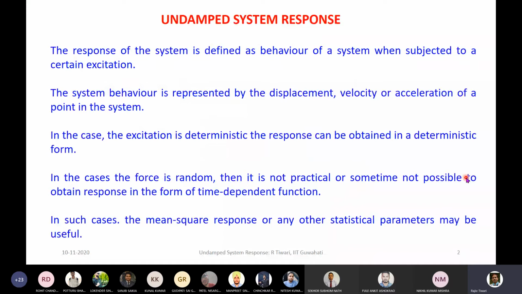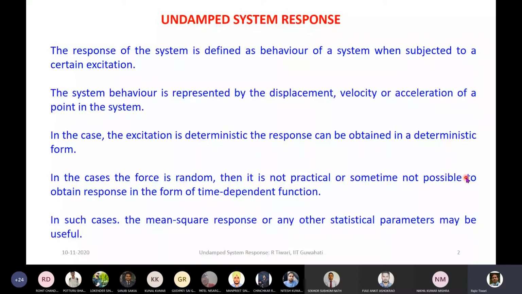So, what is the response of a dynamic system? Response is nothing but how the displacement of the dynamic system is changing with time, or the velocity is changing with time, or the acceleration is changing with time. All these three quantities, displacement, velocity, and acceleration, are the response of the system, because of some excitation, some kind of force acting on the system.